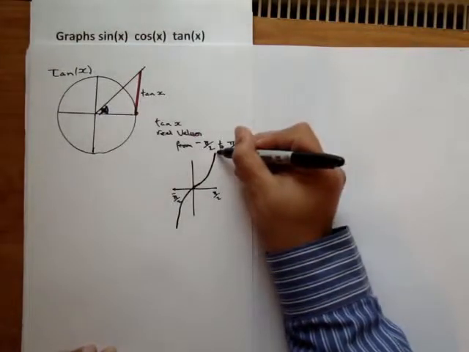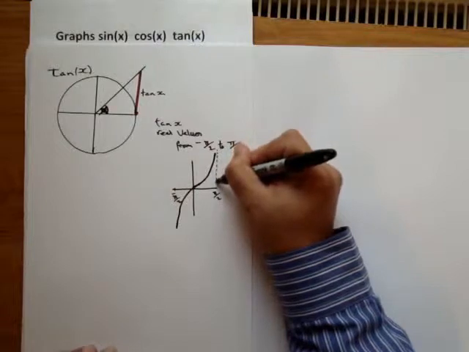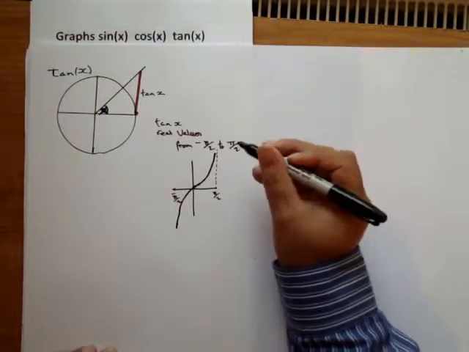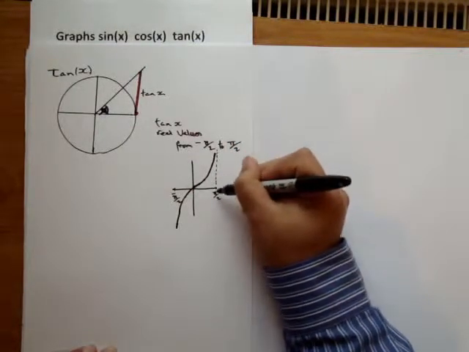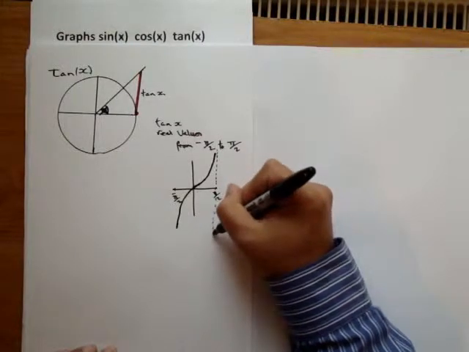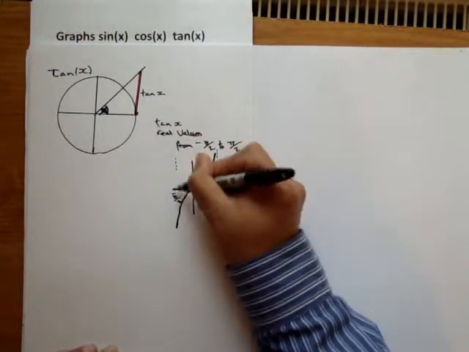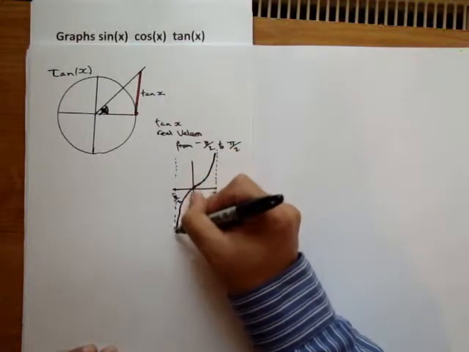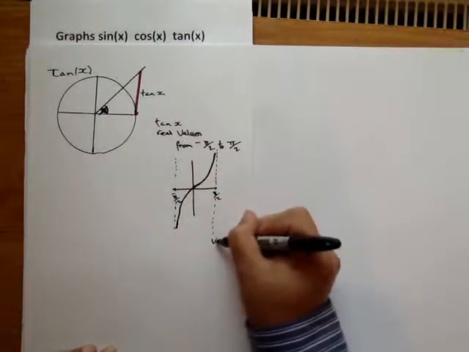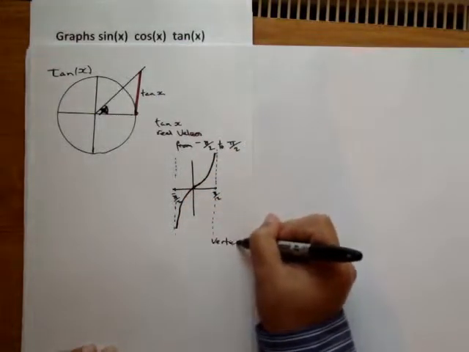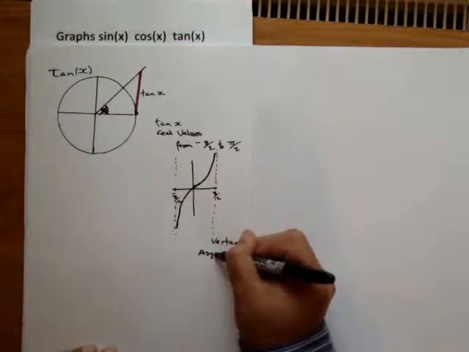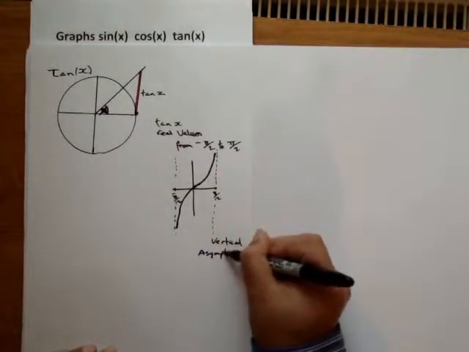It never actually reaches pi over 2, so pi over 2 and minus pi over 2, which is over here, are vertical asymptotes.